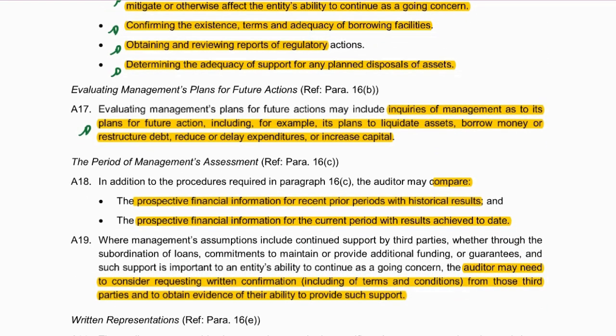In addition, we can compare the financial information for recent prior periods with historical results, and the financial information for the current period with the results achieved to date. And then any third-party evidence that we can get with regards to terms and conditions.